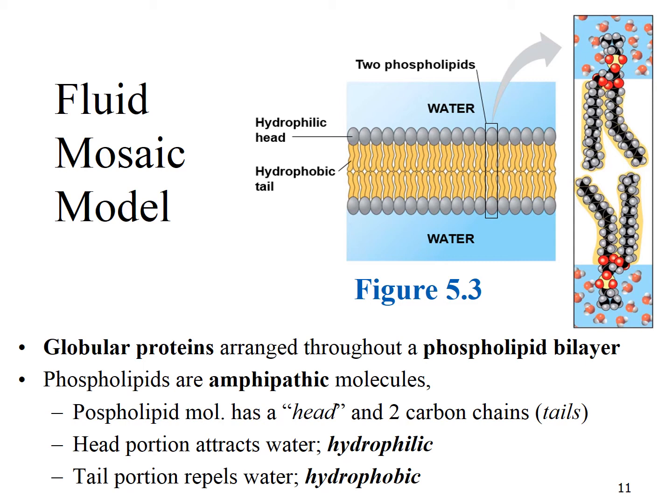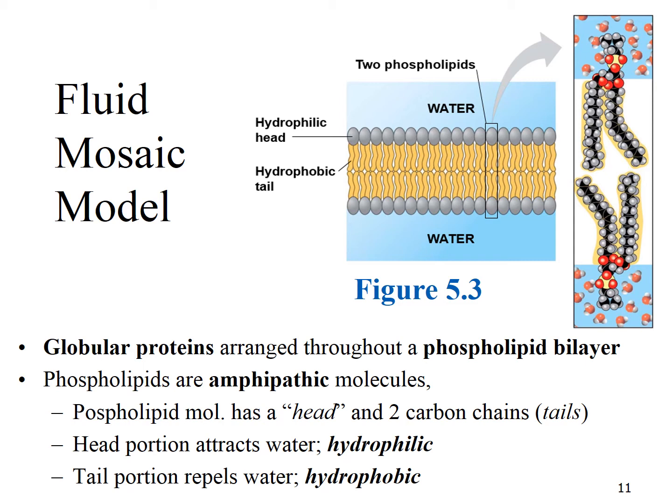It means water loving, and so that portion of the molecule will attract water. The tails of the phospholipid are made up of lipid molecules, and lipids are like oils, and if you think about how oil and water get along, not so well, right? And so the tail portion of the phospholipid is hydrophobic, and those tails will repel water.